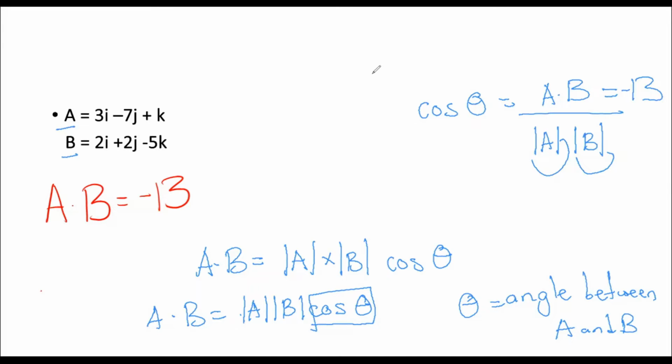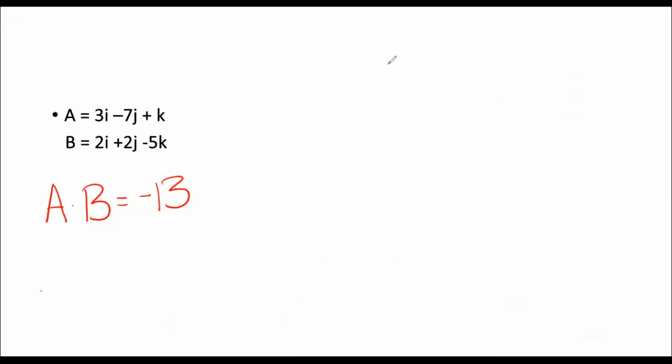Just some definitions. Suppose we have a vector A, where we have a1 i plus b1 j, sorry, b1 i, b2 j, plus c1 k, where a1, b1, and c1 are actually values.